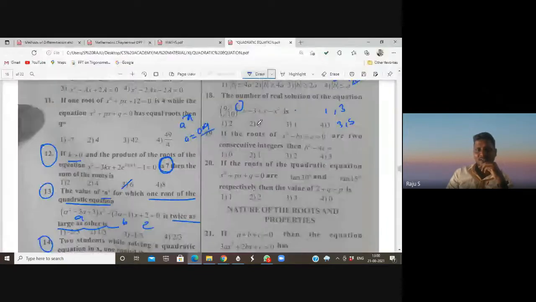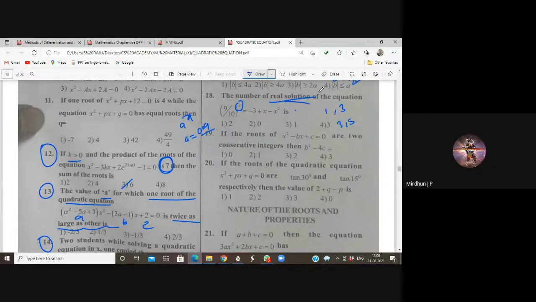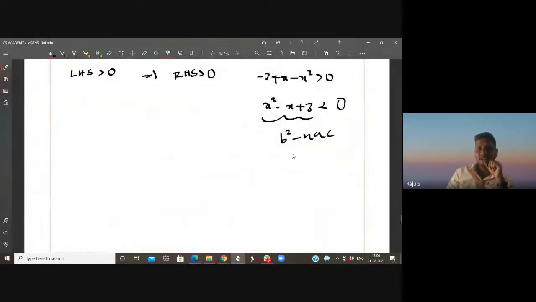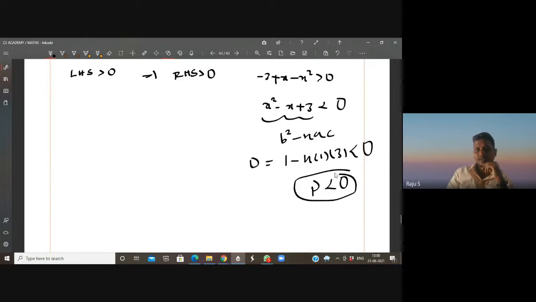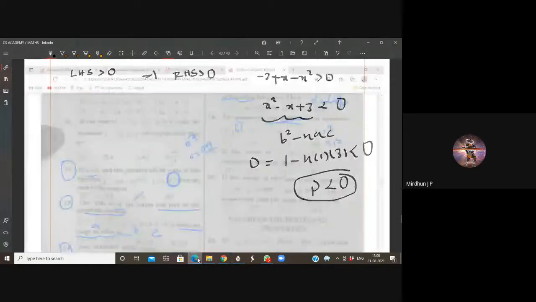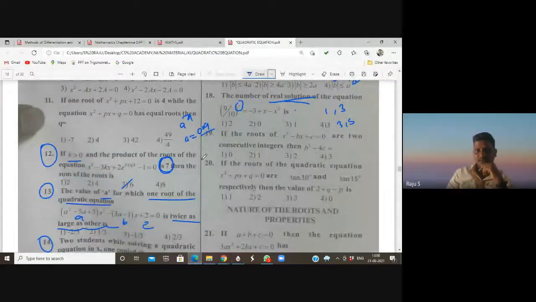Clearly in the question they have mentioned the number of real solutions. Nature of the roots they asked indirectly. Just find the discriminant. b square minus 4ac is 1 minus 4 into 1 into 3. It is clearly lesser than 0. Capital D is lesser than 0. It has no real roots, sir. All roots are imaginary. Exactly. No real roots. So 0.